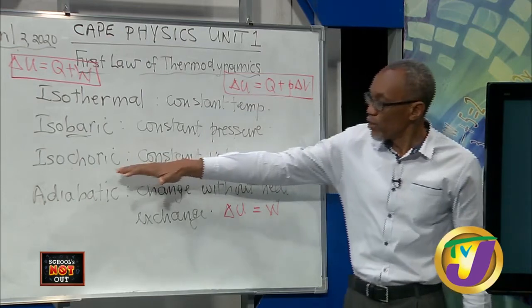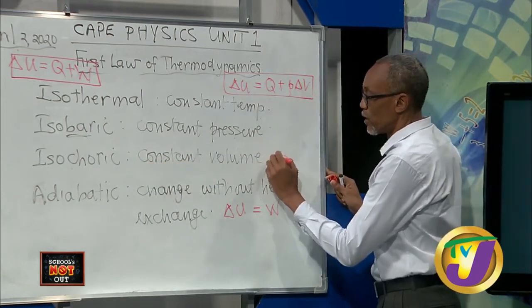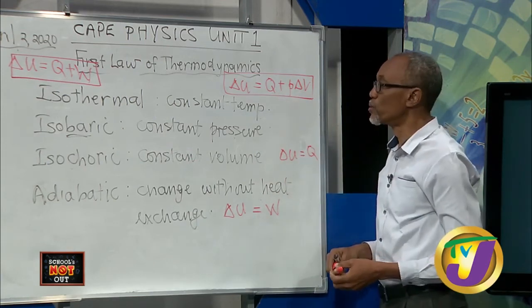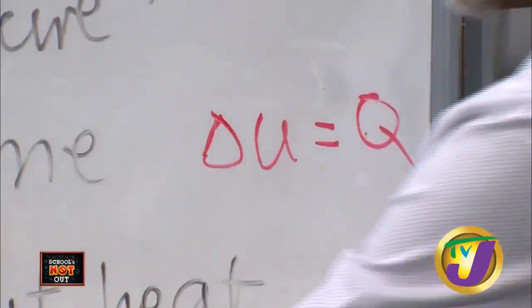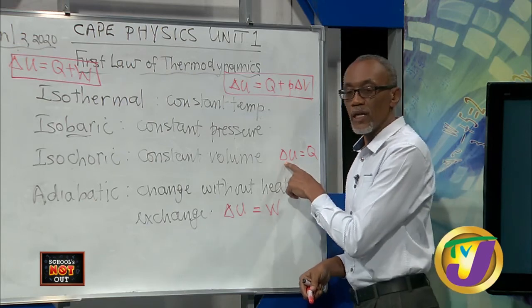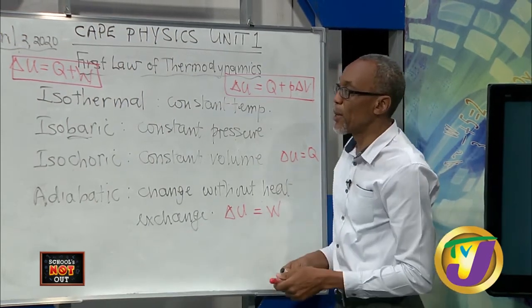And so, for the constant volume change, this is 0. So, delta U would just be equal to Q. So, whatever heat is transferred to the system in an isochoric change, it is converted to the change in internal energy of the system. All right?